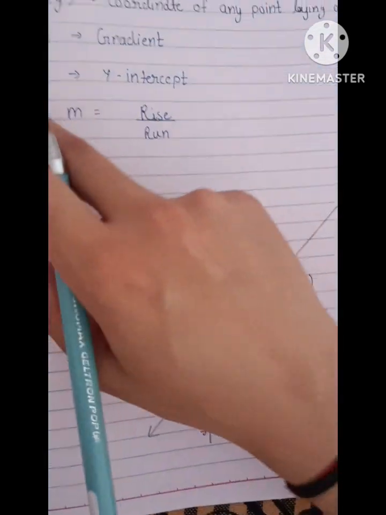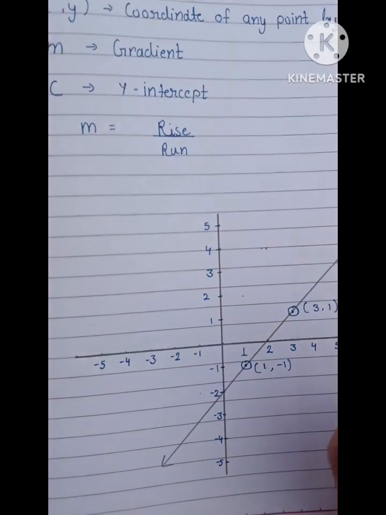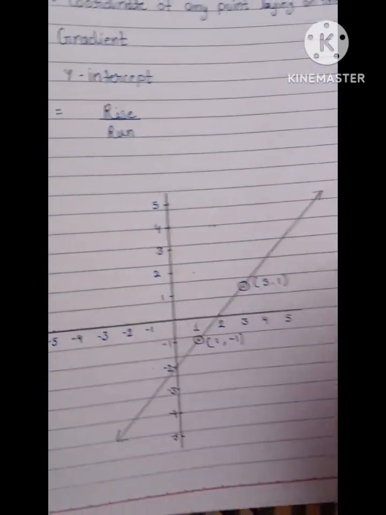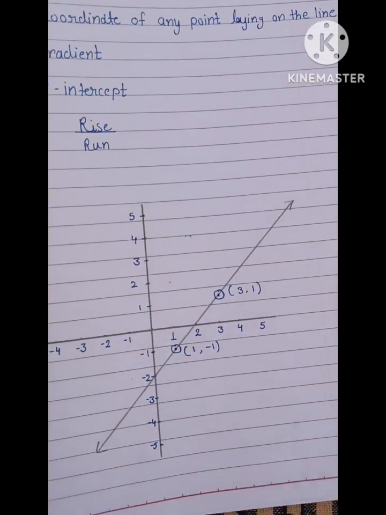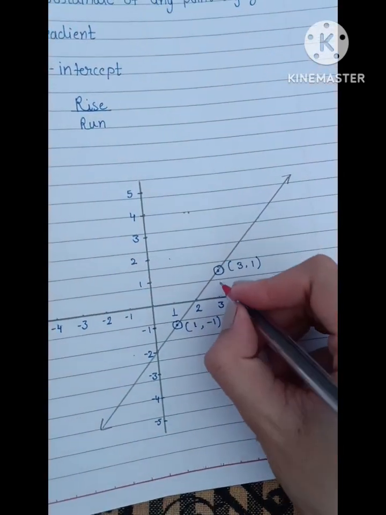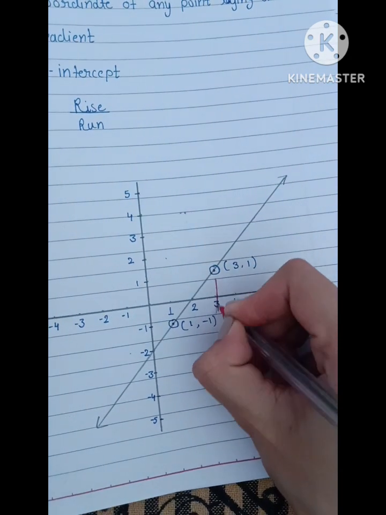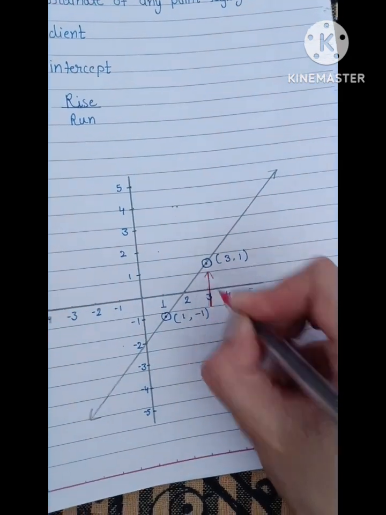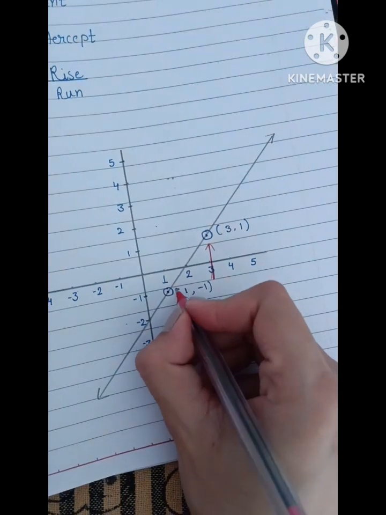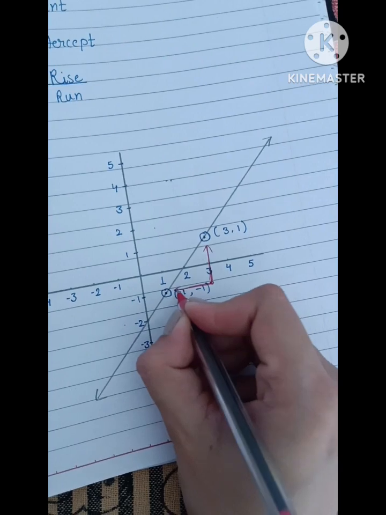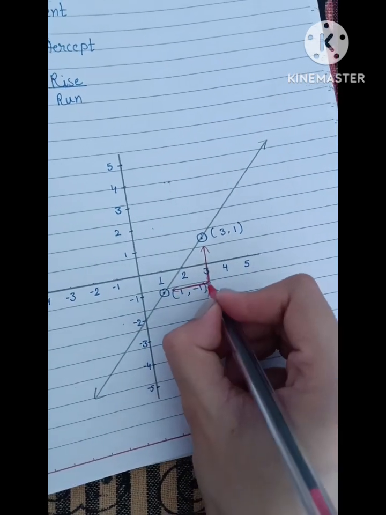Now as gradient is rise upon run, meaning how high and how far, how high means you require this distance, this is how high, right?